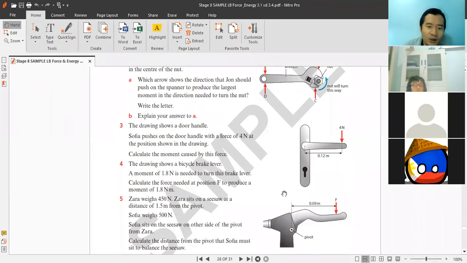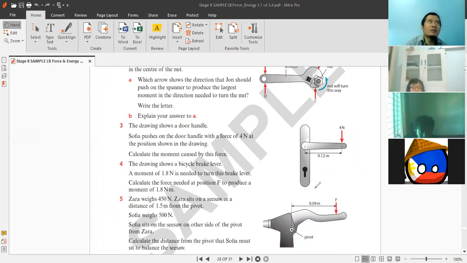The drawing shows a bicycle brake lever. A moment of 1.8 Newton meters is needed to turn this brake lever. Calculate the force needed at position F to produce a moment of 1.8 Newton meters. So what is known is the distance. What is the distance, Mbak? Mbak Hafiza?